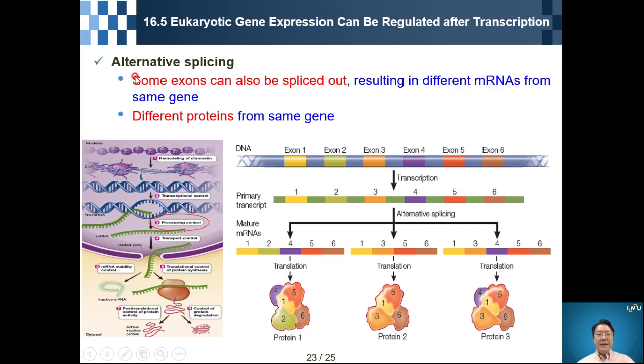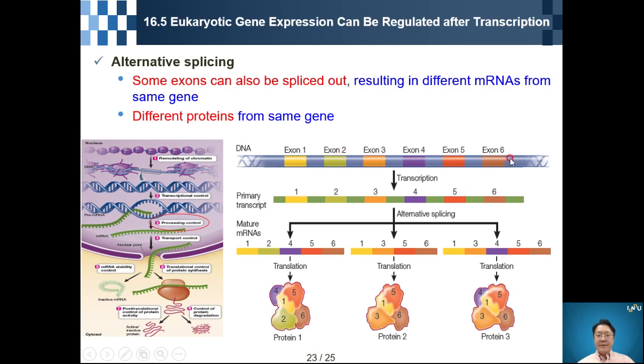So what is alternative splicing? In alternative splicing, some exons can also be spliced out, resulting in different mRNA from the same gene. Here is one example. This gene is composed of exon 1, intron, exon 2, intron, exon 3.